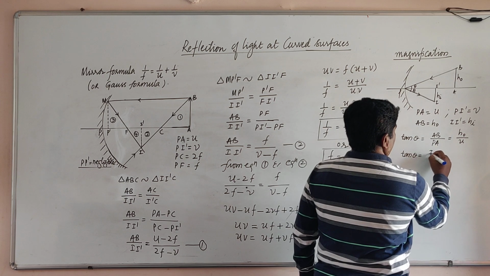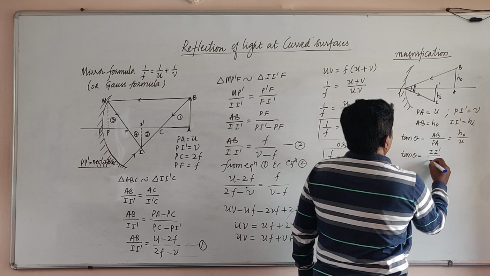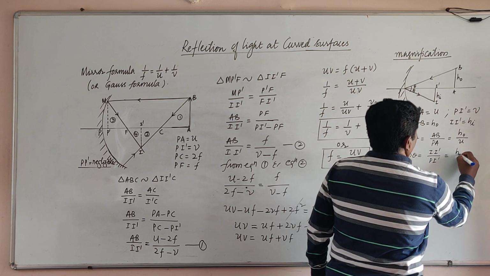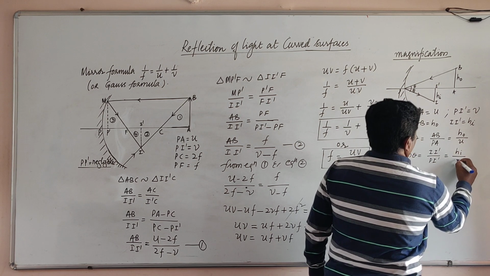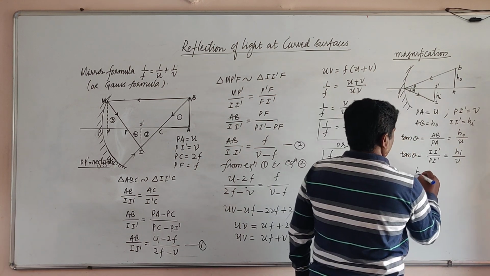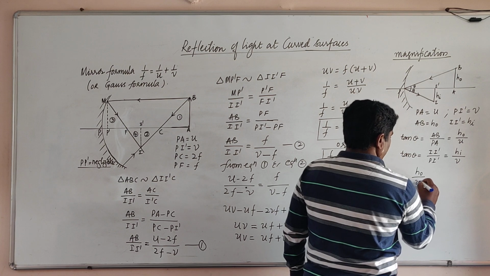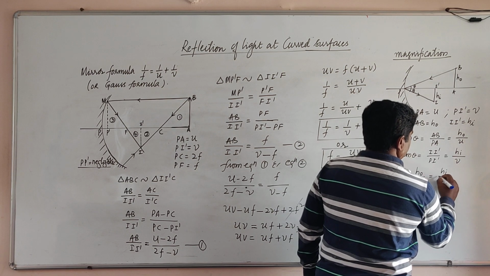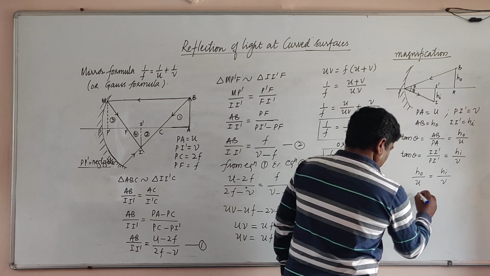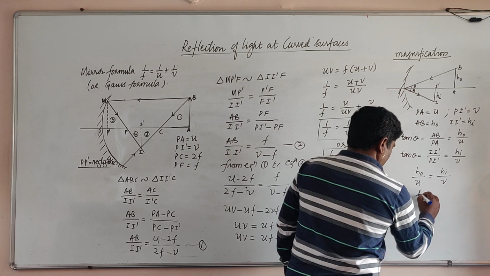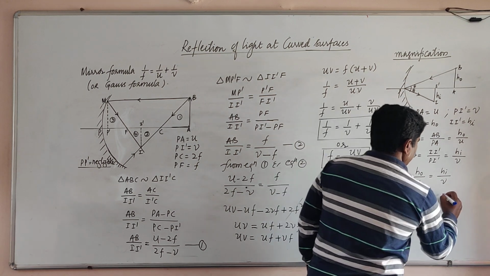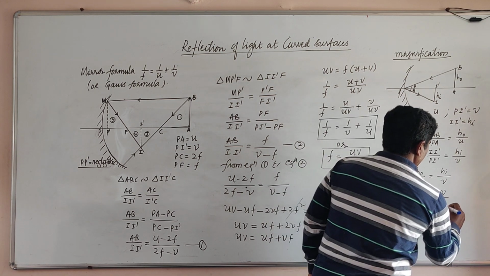It is I dash by PI dash, nothing but HI by V. So both should be equal. This is H naught by U is equal to HI by V. So here HI by H naught is equal to V by U, you can write.